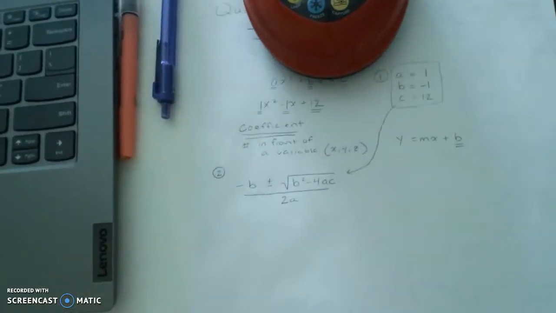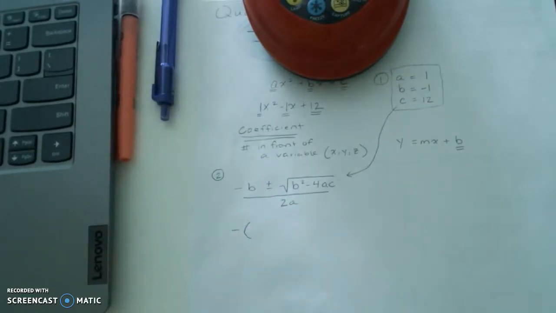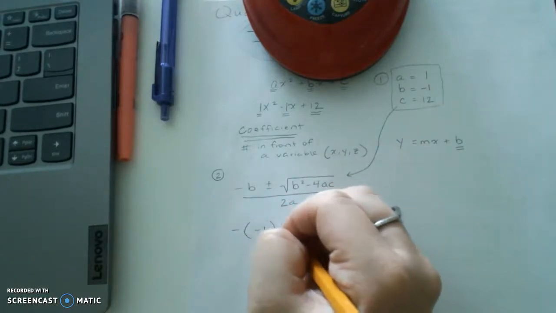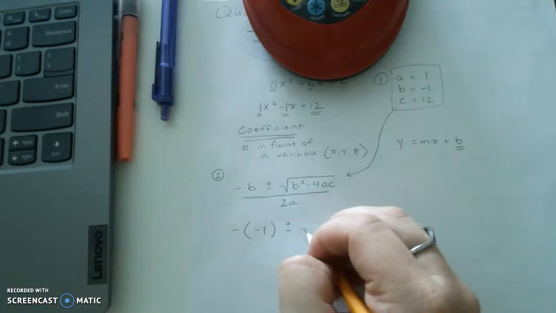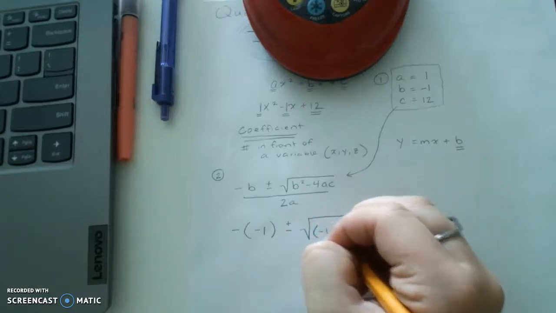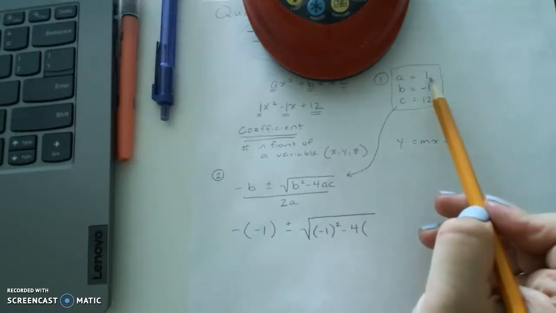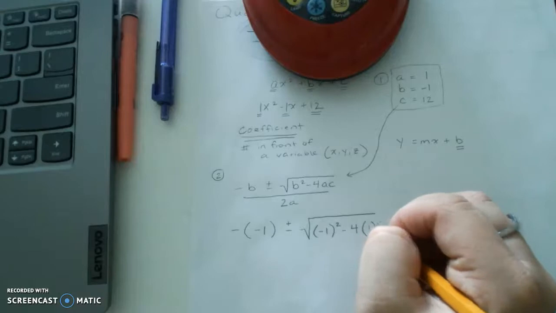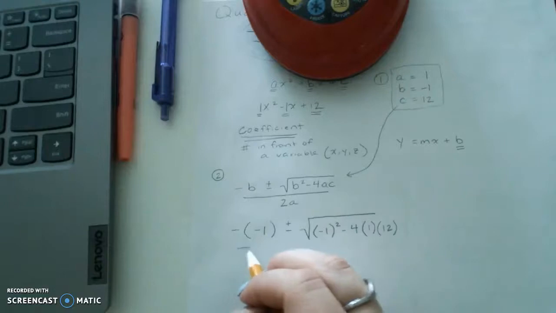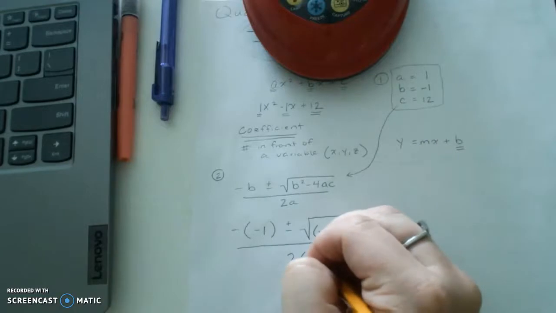Right, so negative b, negative, and I'm going to put my b in parentheses. Whatever b is, I'm going to plug it in. So my b is negative 1, plus or minus the square root of b squared, negative 1 squared, minus 4 times a, which is 1, times c, which is 12, all over 2 times a, which is 1.